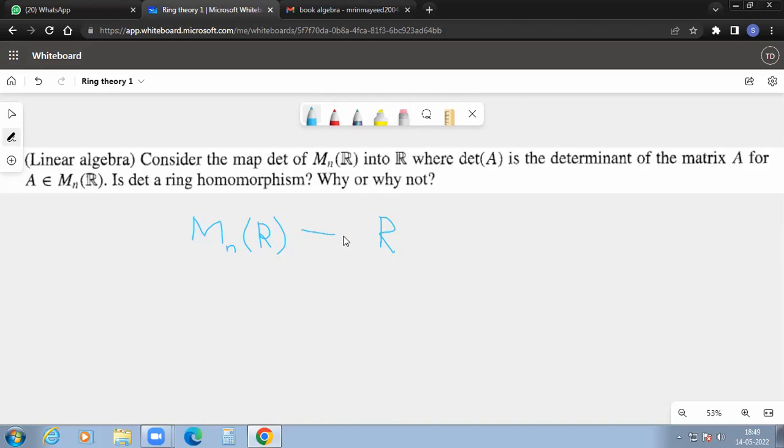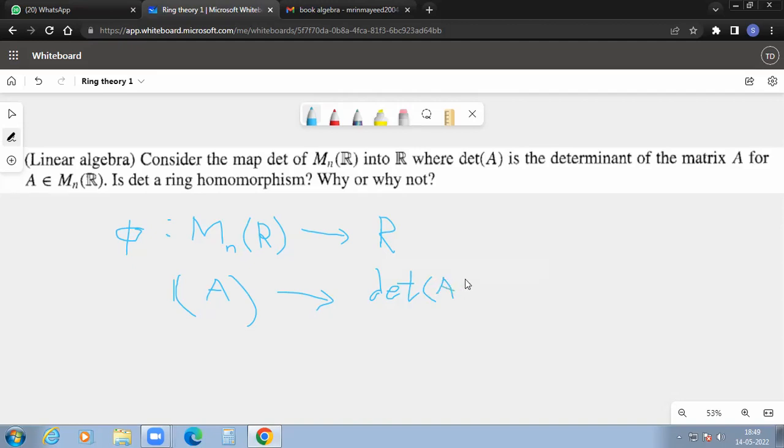And now we are defining a function. What is that function? Determinant of A. So let us call that function phi for the time being. What this phi does? It carries A to determinant of A. Extremely sorry for this battar effect.